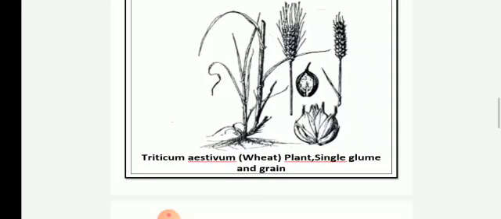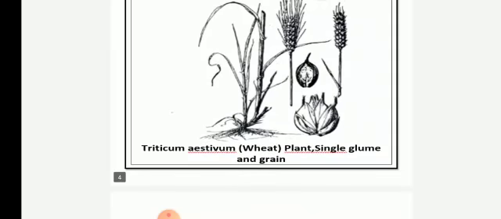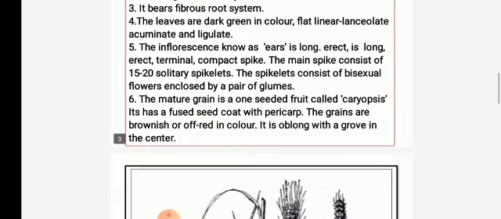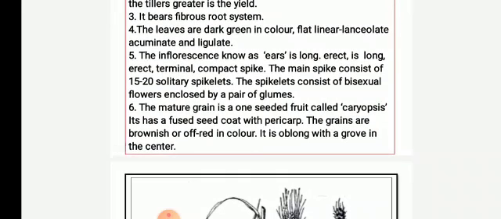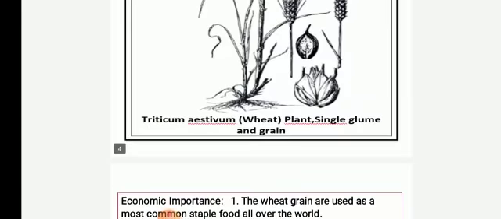Then it is with a pair of glumes. When it is in flowering condition, the glumes are present.